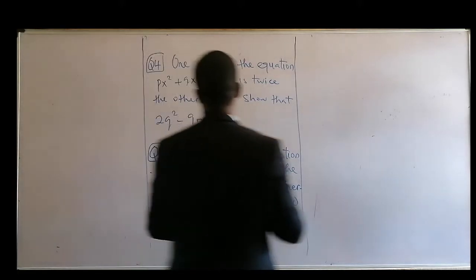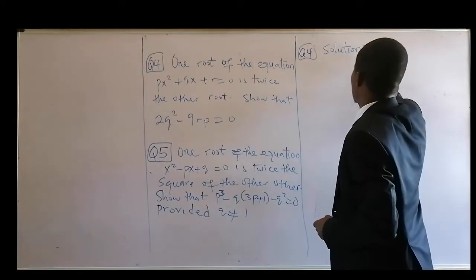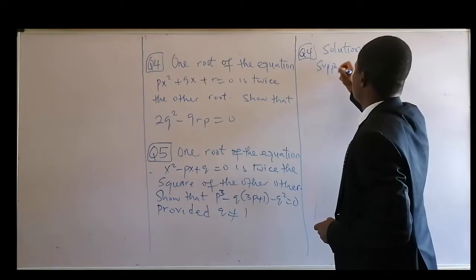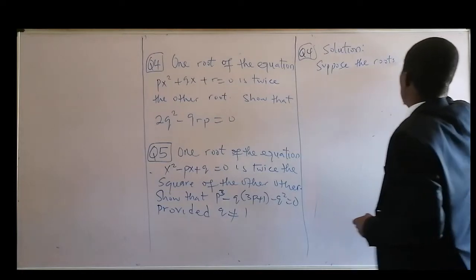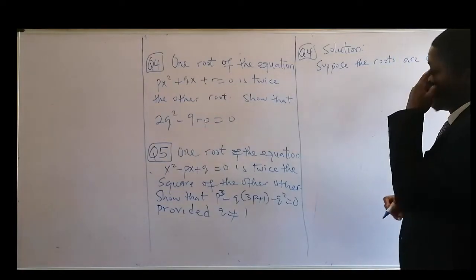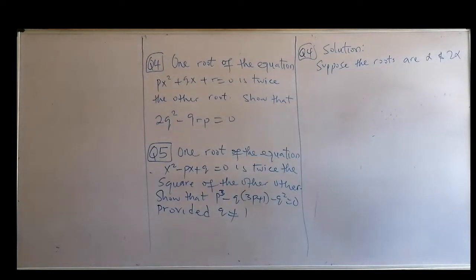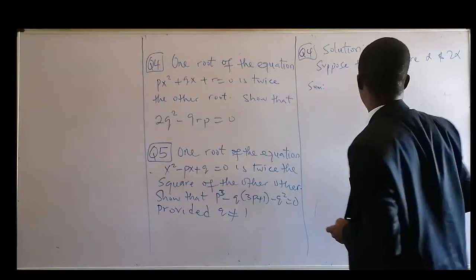So what we do here is question 4 solution. Suppose the roots are alpha and 2 alpha, because they say that one of the roots of the equation is twice the other. So next step, let's find the sum of those two roots.